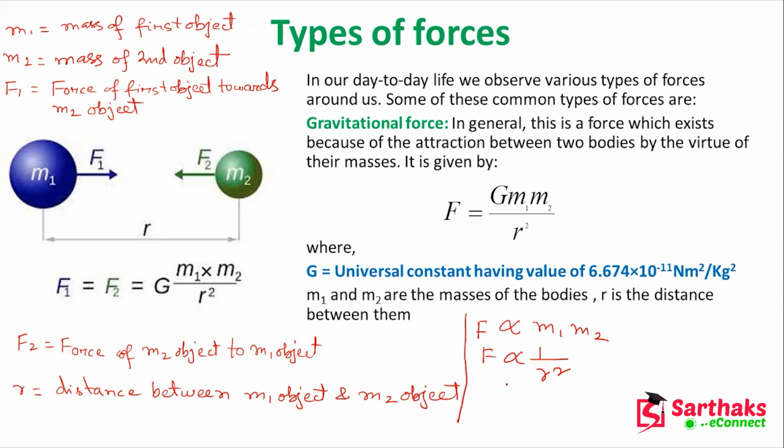And G is the universal constant and it has the value 6.674 into 10 to the power minus 11 Newton meter square per kg square. So the force between M1 and M2 will be G into M1 M2 by R square. That means the force will be proportional to the product of M1 M2 and inversely proportional to the square of the distance.